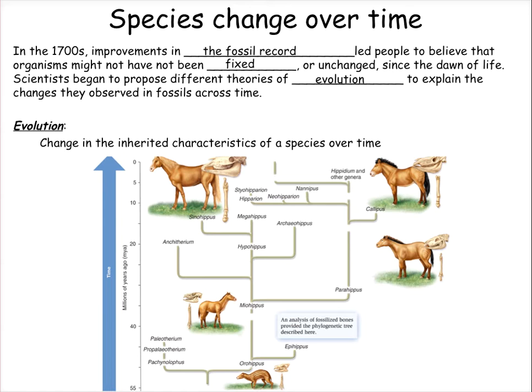If you look carefully at the leg bones in each, you can see that over time, in each of these species that are related to our modern horse, the leg bones have changed in size and number of toes. Here you can see that in this species, the toes have been reduced to one hoof.